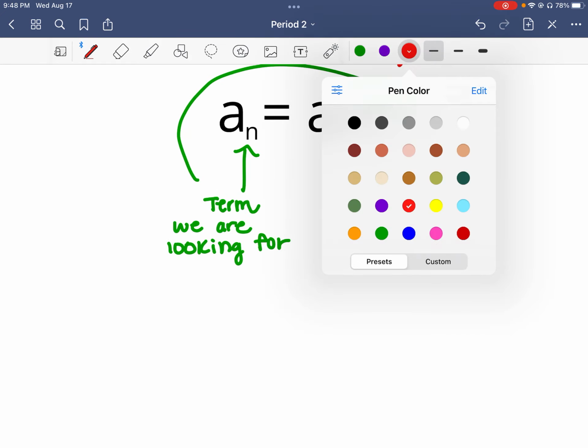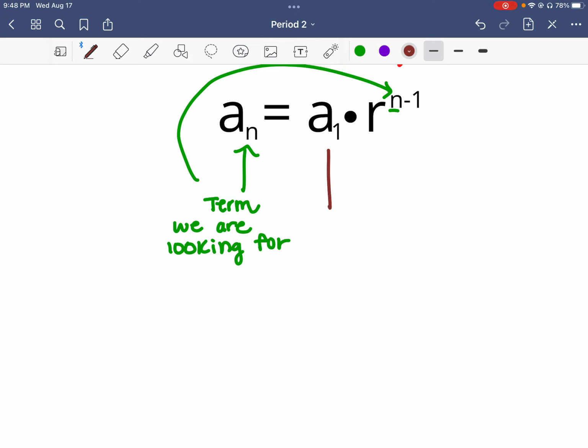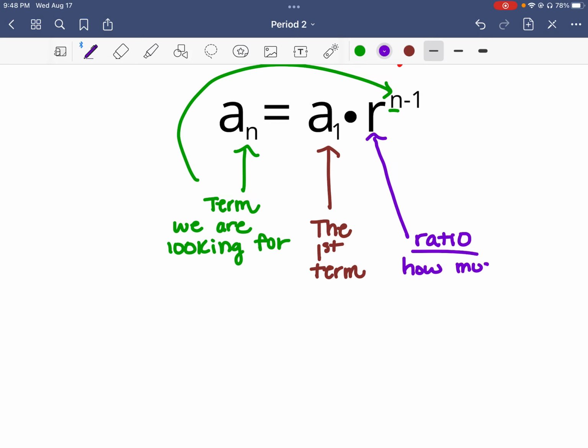The a1 is the very first term. Now, what's different is that instead of a d, we have this r, which is called the ratio. This is how much it is multiplying or dividing by.